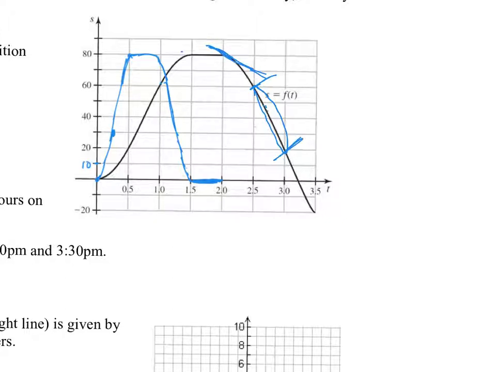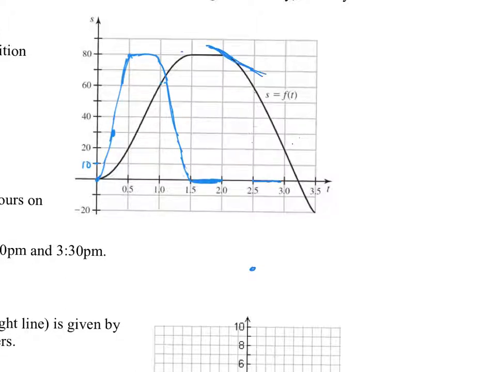And then let's make a guess here. So 1, 2, 3, 4, 4 change, and this is 0.5 hour, so about negative 80, right? So negative 80. I'm going to erase those. Okay, so from here to here it's negative 80.